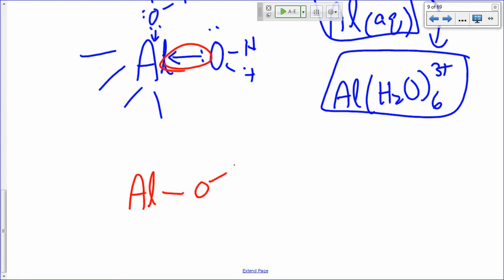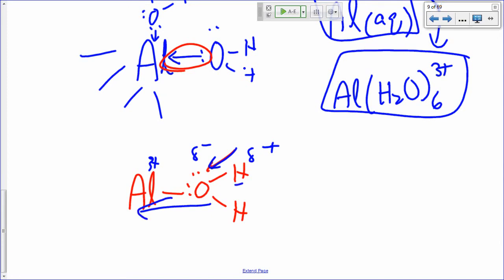Remember, your OH bond is a very polar bond. It's already polar as it is, with a partial positive and partial negative charge. But what does the aluminum do? It's positively charged, so it pulls electrons even further away from this H. This makes the OH bond even more polar.